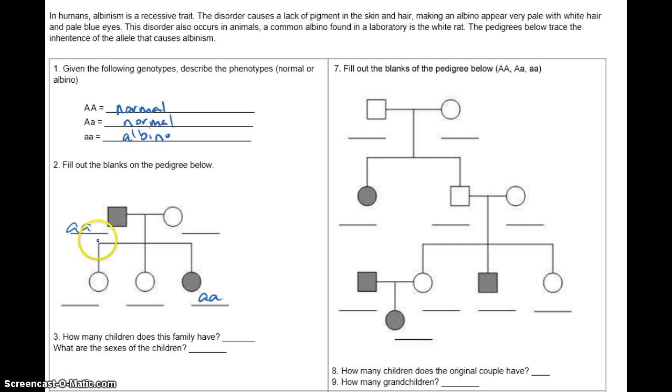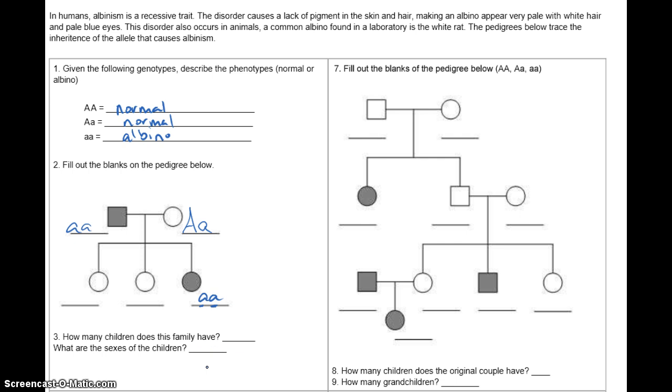So we know that she got one little a from her father, and she must have gotten this other little a also from her mother. Well, her mother doesn't have albinism, so we know that she has at least one dominant A. But in order to be able to pass on that little a and have a daughter who is albino, she would have to be heterozygous. She has to have a little a to give.